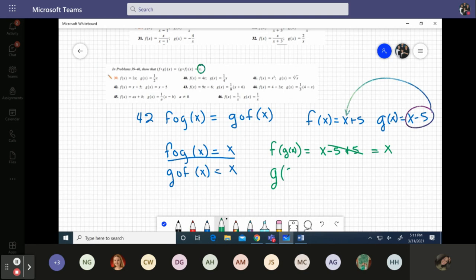G of f of x, that means I need to take f of x and put it into g of x. So I have x plus 5 minus 5 equals x. So my answer is yes, they are equal to each other.